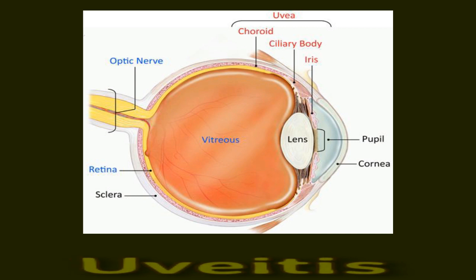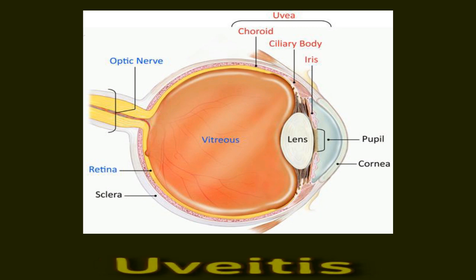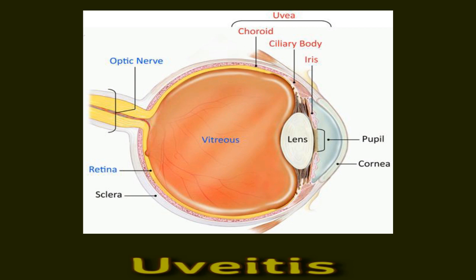Doctors associate uveitis with certain health conditions including herpes zoster infection, psoriasis, rheumatoid arthritis, and inflammation that affects the joints, syphilis, AIDS, ankylosing spondylitis, which is inflammation affecting the spine, multiple sclerosis, an autoimmune condition where the body attacks the nerves, tuberculosis, a bacterial disease that affects the lungs, ulcerative colitis, an inflammatory condition affecting the digestive tract.